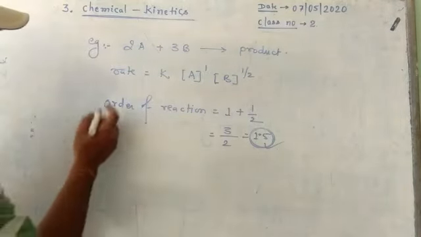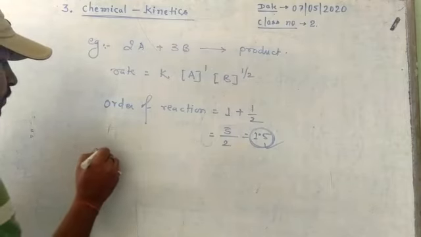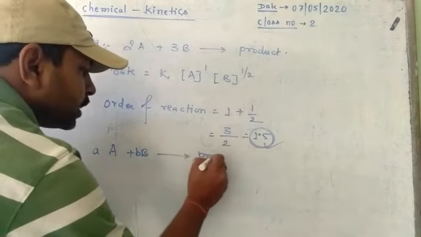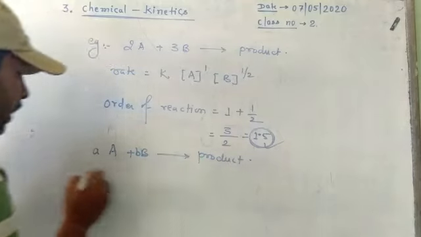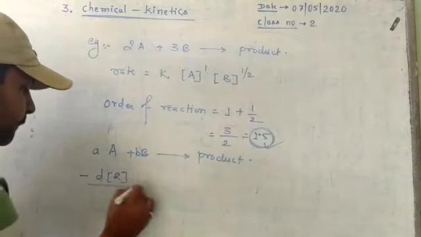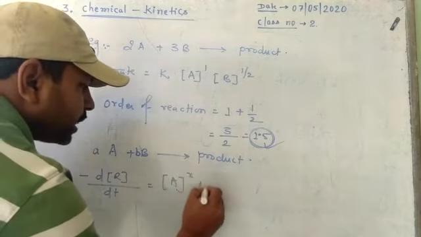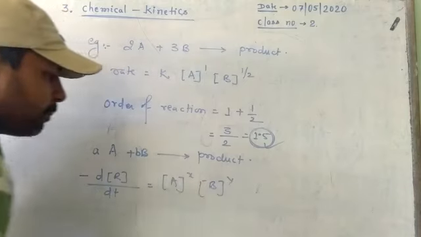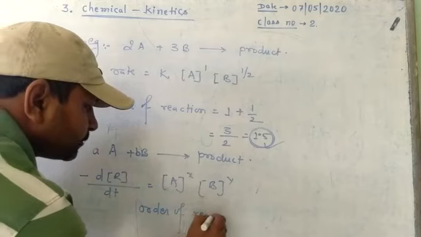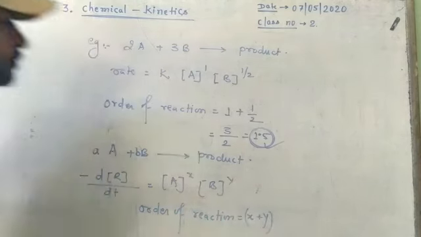Now students, for A plus B gives a product and minus dR by dt equals A to the power x, B to the power y, then order of reaction is x plus y.